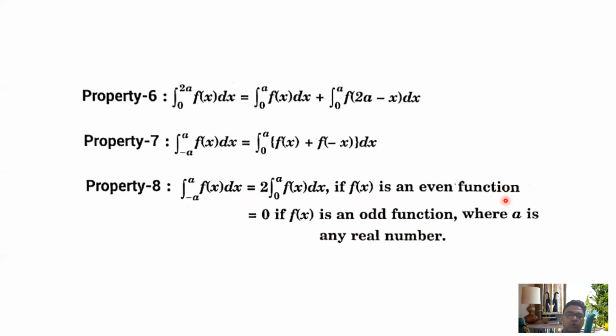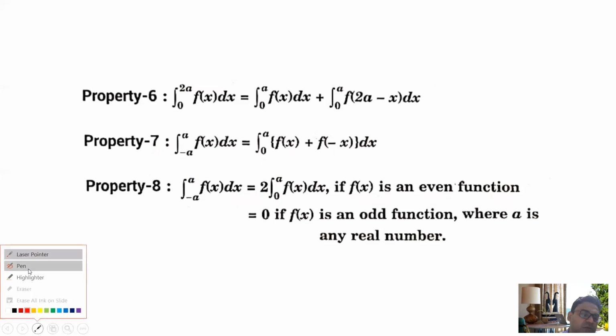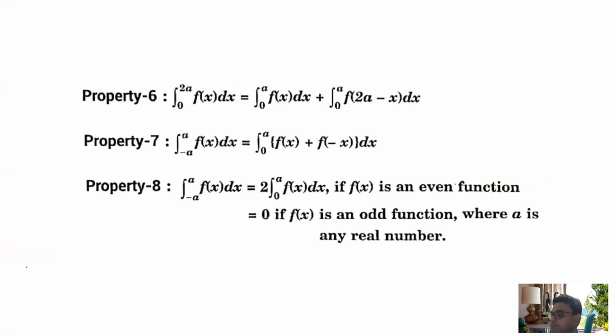Already you know that if f is an even function, then f(−x) = f(x), and if it is an odd function, f(−x) = −f(x). So if I substitute here f(−x) = f(x), what you are getting is 2f(x). That's why you are getting 2 times the integral from 0 to a of f(x) dx.